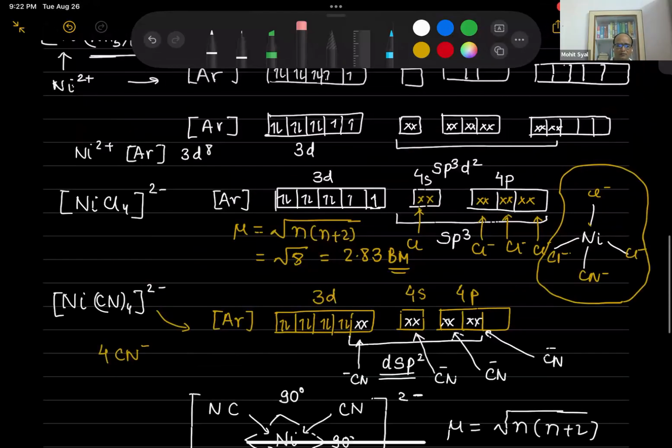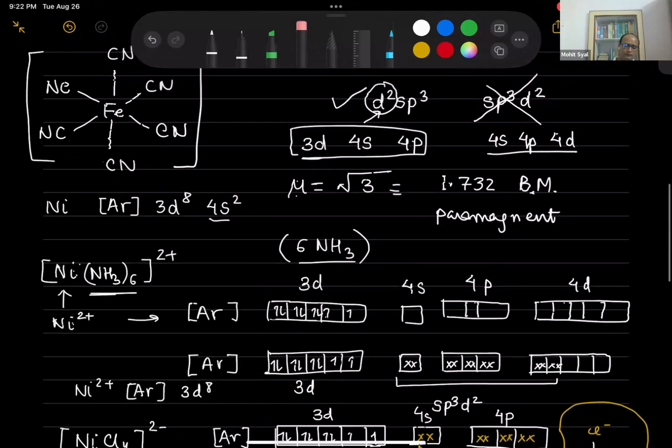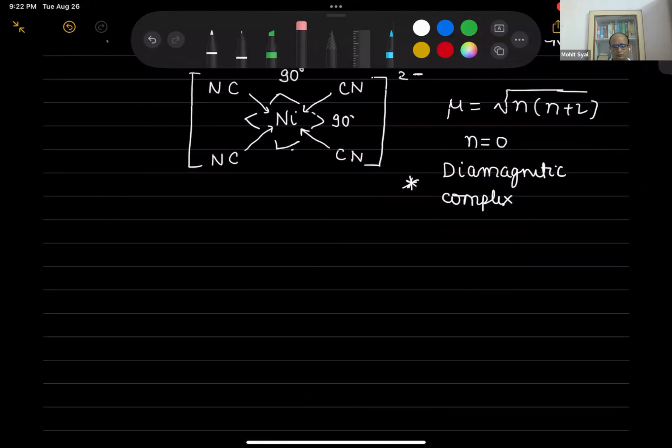So now let me talk about the next complex. Just tell me what is going to be the hybridization of this complex. You are going to follow the steps.